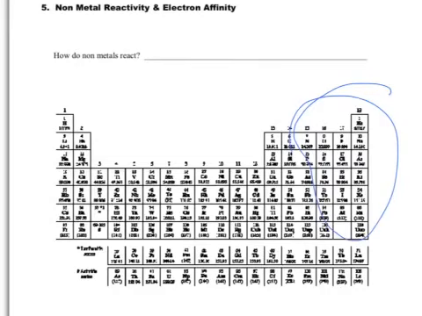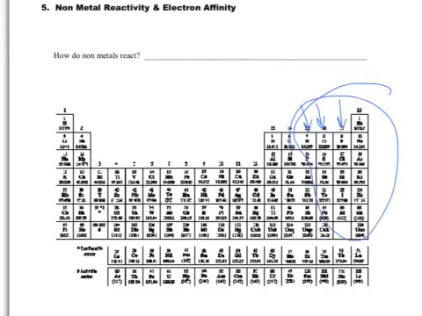The reason is that they typically have a high number of valence electrons. For example, the halogen family has 7 valence electrons, the oxygen family has 6, the nitrogen family has 5, so it requires less energy to gain a few electrons than to lose a whole bunch.